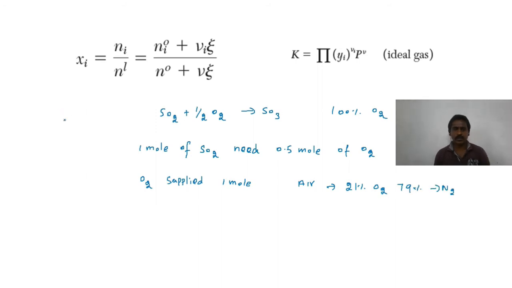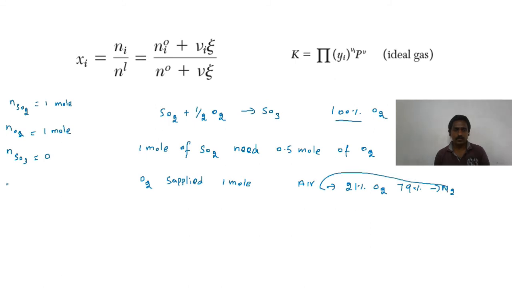Now let me write the number of moles of individual reacting species and also inert nitrogen in the inlet stream. So N SO2, let me take as 1 mole. N O2 will be 1 mole since I have taken 100% excess O2. N SO3 will be equal to 0. Let me assume it is a pure reacting species entering.